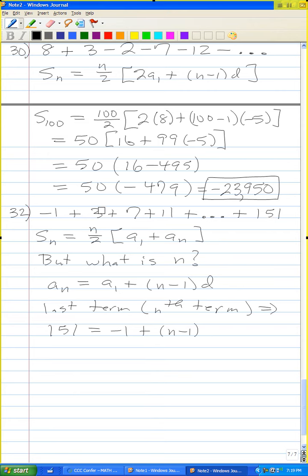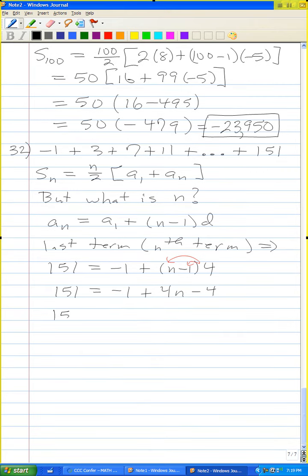And so to go from negative 1 to 3 to 7 to 11, I have to keep adding 4. So the common difference is 4. Let me multiply 4 inside the parentheses. So 151 is equal to negative 1 plus 4n minus 4.